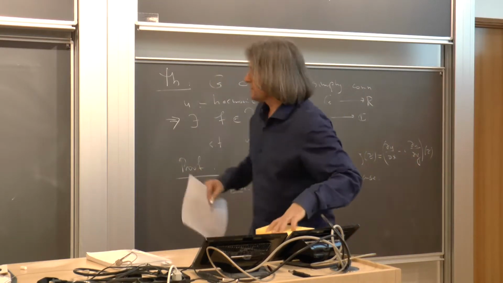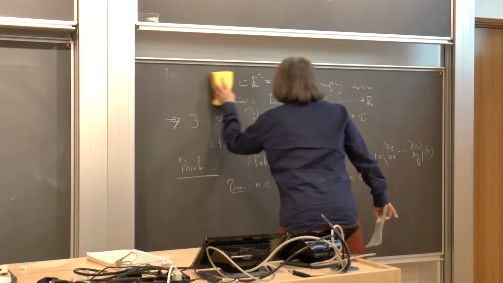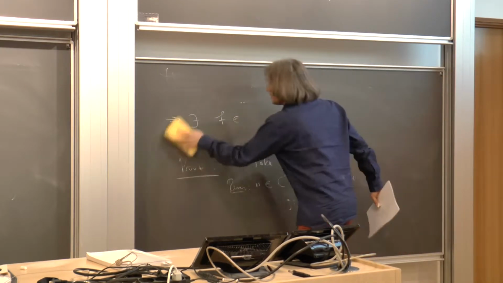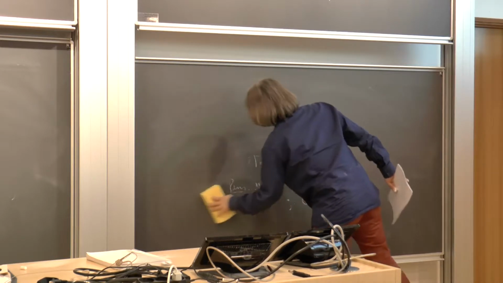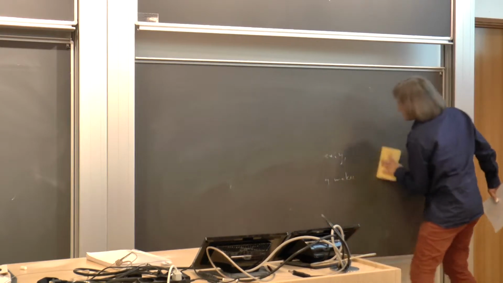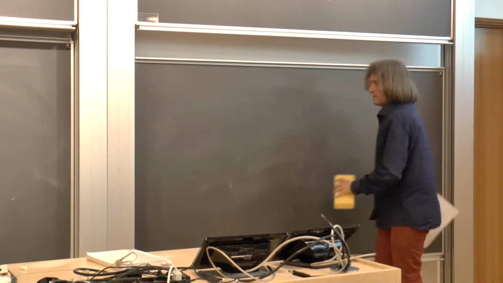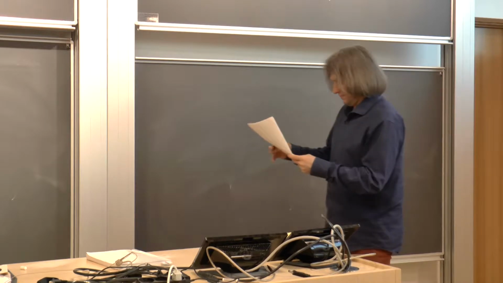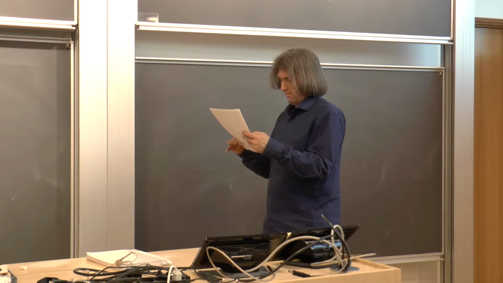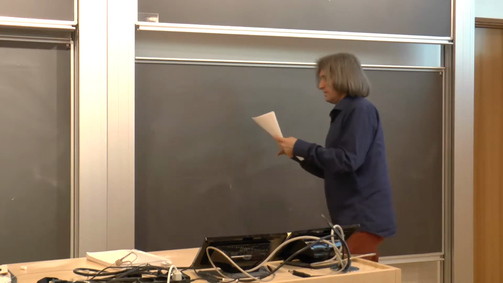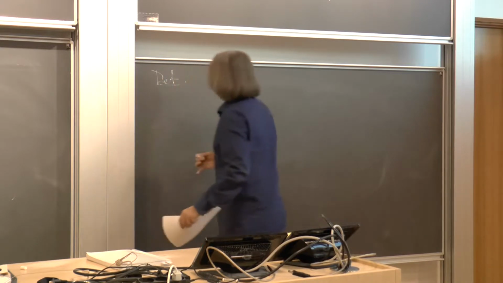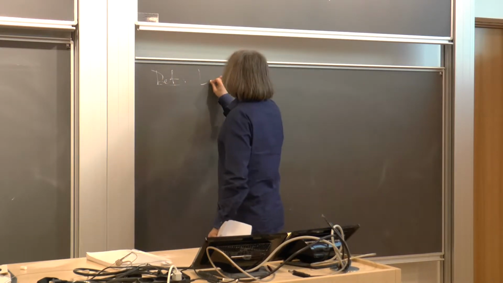Now, definition. So the goal was, as you remember, to weaken the notion of convergence. So there are two notions, and they will turn out to be equivalent. So definition. Local uniform convergence.